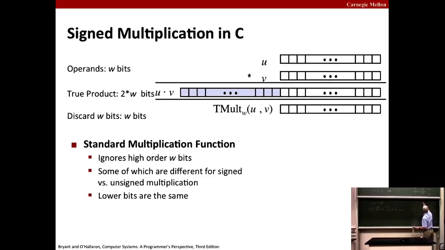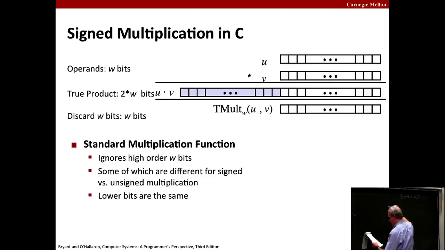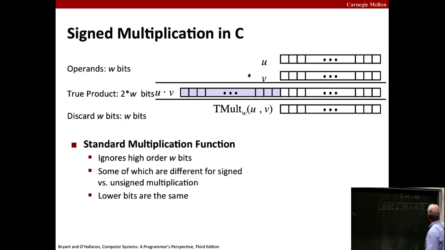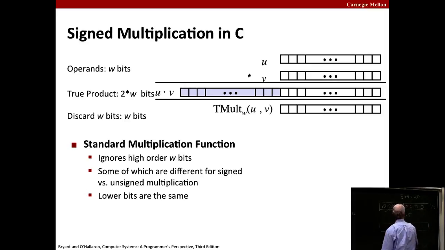So if we had 5 times 4, or 20, that would be represented in this 8-bit form like so, and we'd just call that 4, right? Because we're throwing this away. But if we did 5 times 5, as we saw before, that's represented like this.